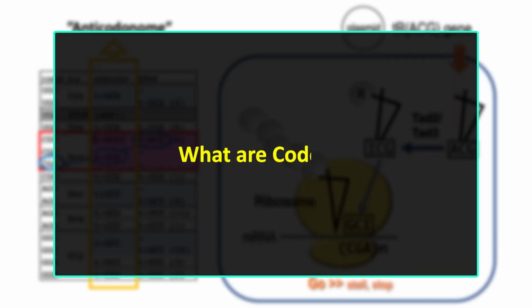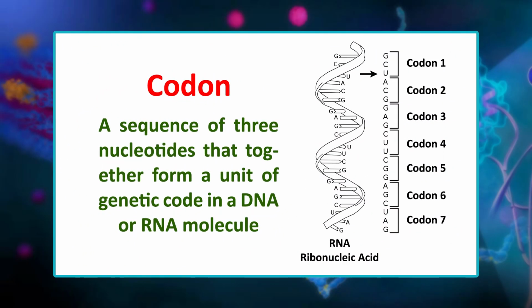So this brings us to the question, what are codons? Cells decode mRNA by reading their nucleotides in groups of 3 called codons. A codon is a sequence of 3 nucleotides which together form a unit of genetic code in a DNA or RNA molecule. The concept of codons was first described by Francis Crick and his colleagues in 1961.